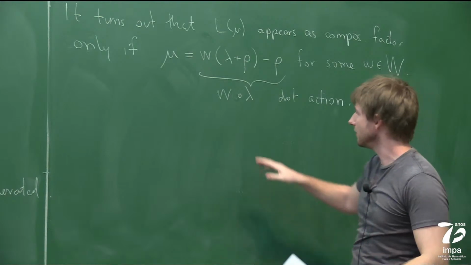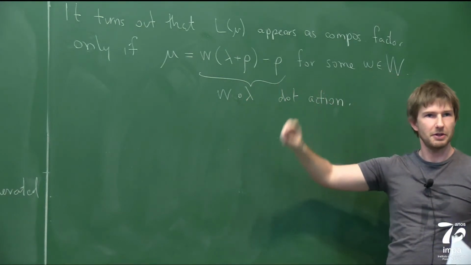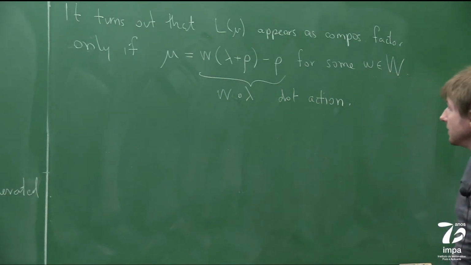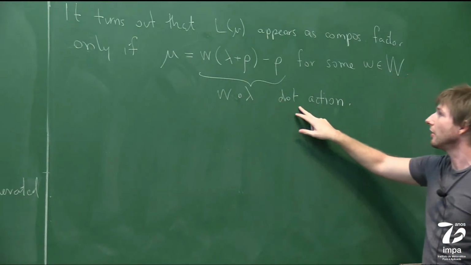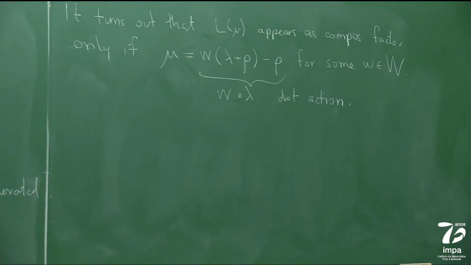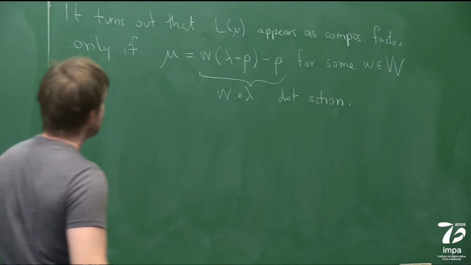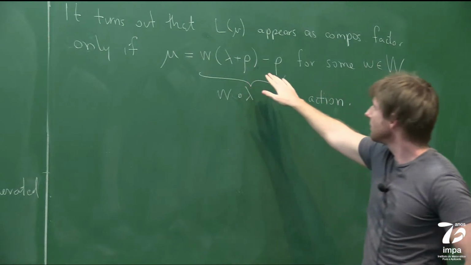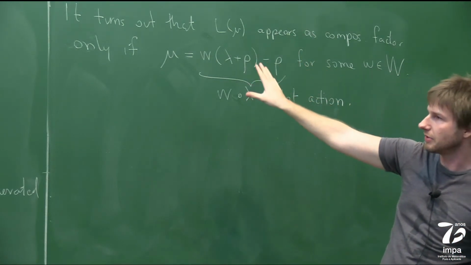Okay, so all throughout Lie theory, this so-called shifted action of the Weyl group appears and is very important. So we give it a name and call it the dot action. So it's somehow not so surprising that the relation between these two is the following, right?